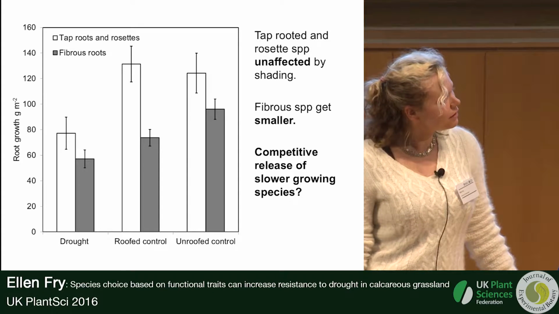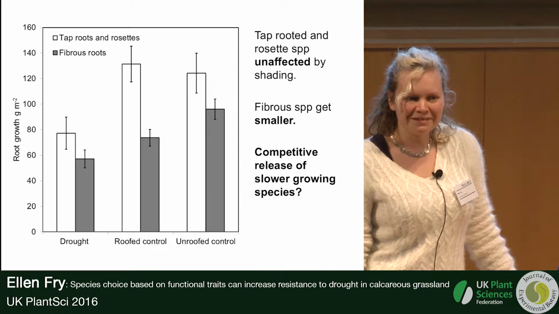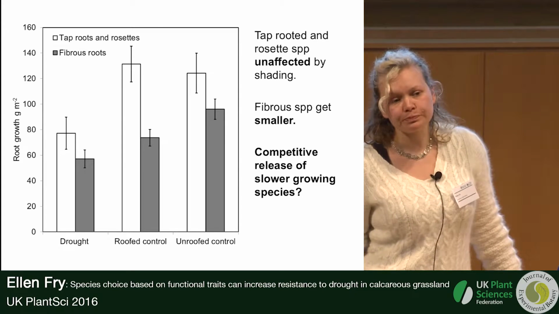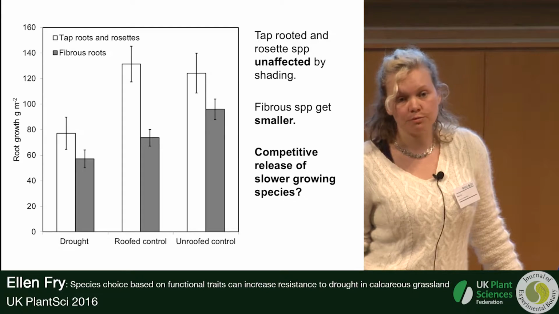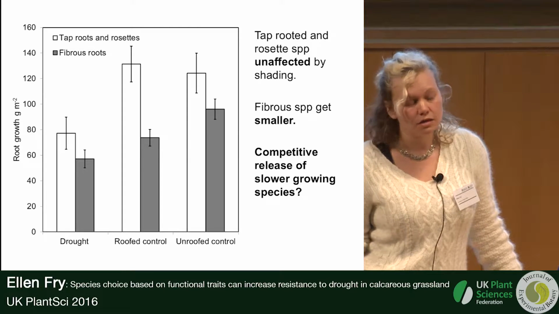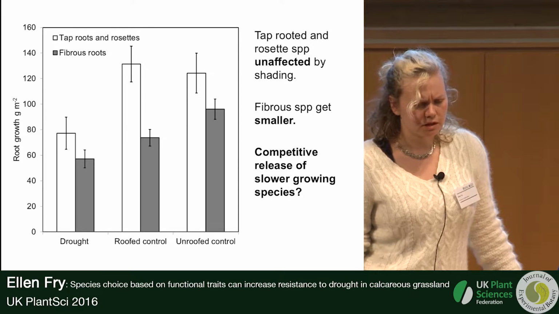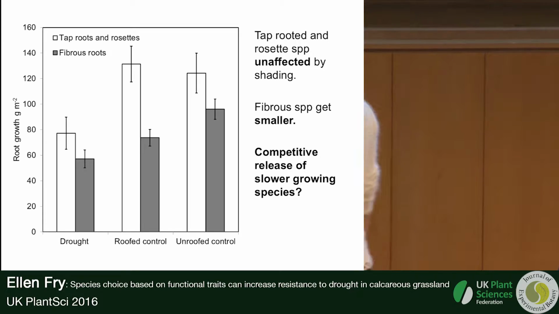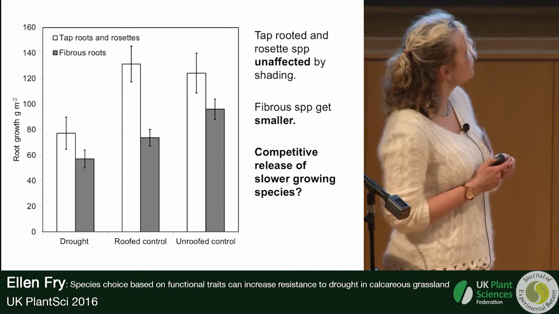So this is fairly initial data, and I'm a bit confused because this has happened in a number of different things, and a number of different functions. Decomposition shows a similar kind of pattern, and I think soil ammonium shows the same pattern as well. So it's a bit strange, and it's something that I'm going to need to pick through and try and add some more covariates to, I think.